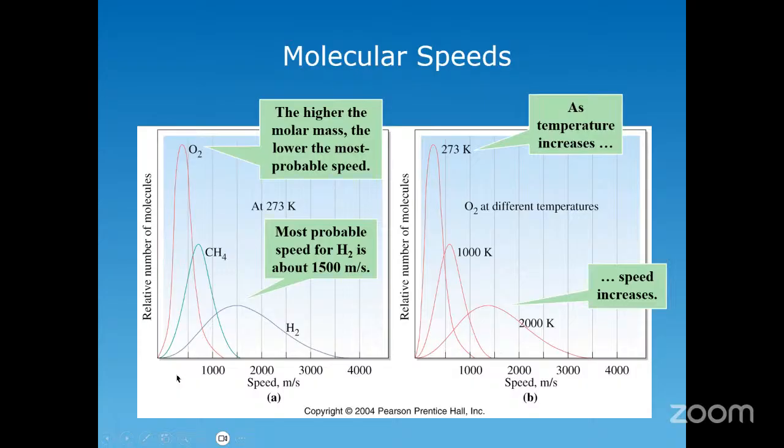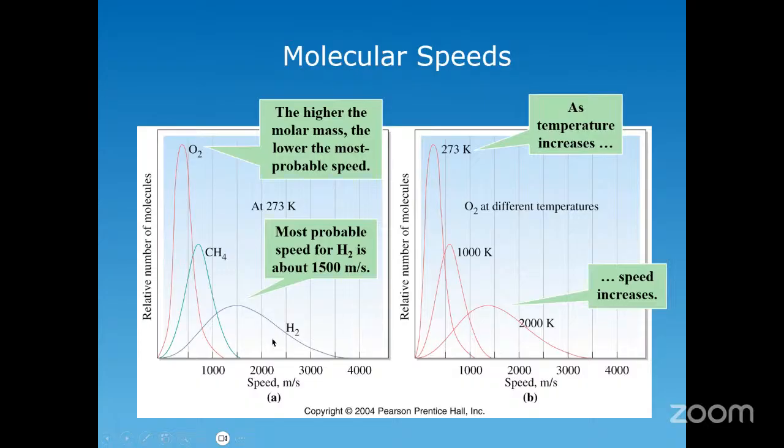If you remember, I said if you have a gas trapped in a container, not all molecules will be moving at the same speed. Some will be slower, some will be faster, and so on. So what we're looking at here is the distribution of the speed of the gas molecules for oxygen, represented by this pink line. This line here, which I think is green in color, is for methane. And this is the distribution in the case of hydrogen.